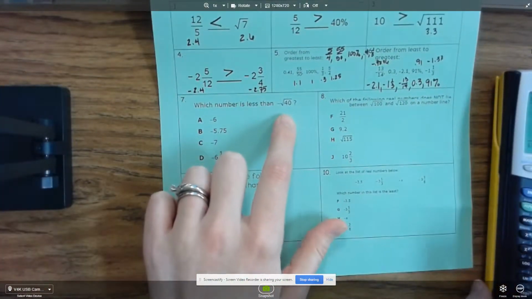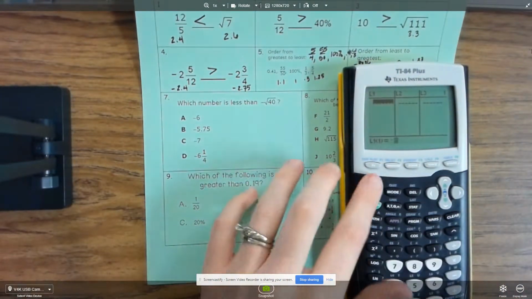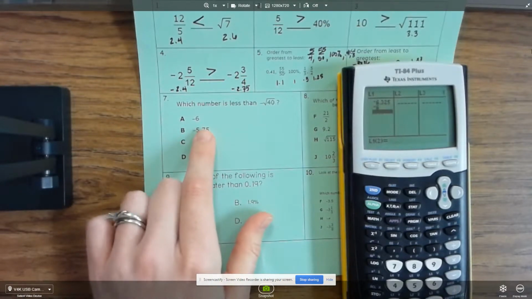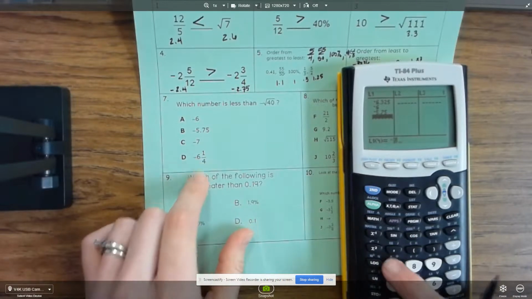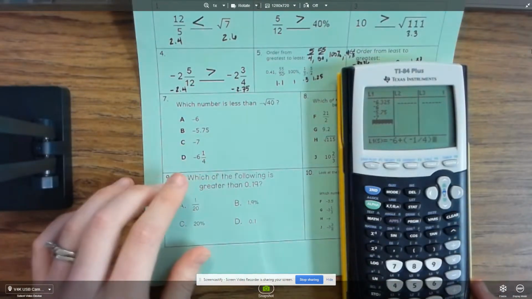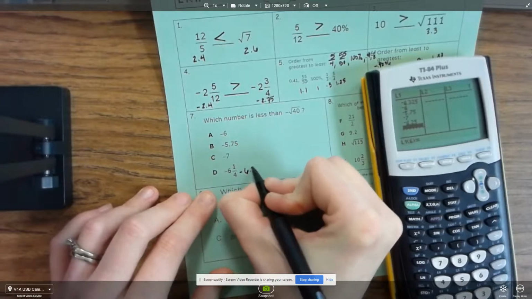All right, which number is less than negative square root of 40? With this one, same way, you can stick them all into your calculator. So negative 6, negative 5.75, negative 7, and negative 6 and a fourth. This one comes out to negative 6.25.